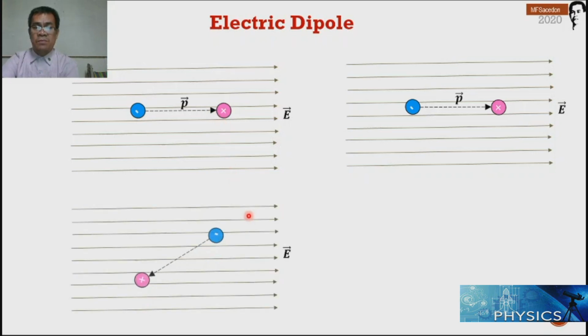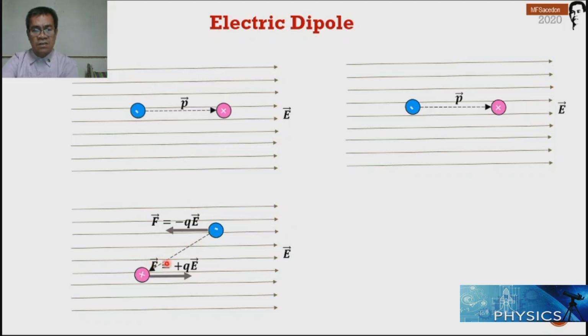Now, suppose this is the position of the dipole. What will be the direction of the rotation? Very simple. Again, the force on the positively charged end is towards the direction of the electric field, while the negatively charged end is pushed away from the electric field.